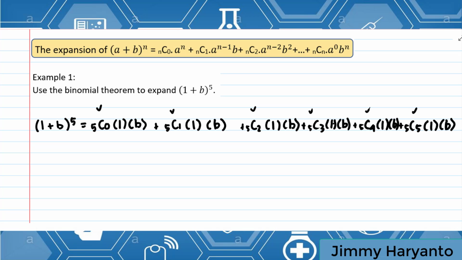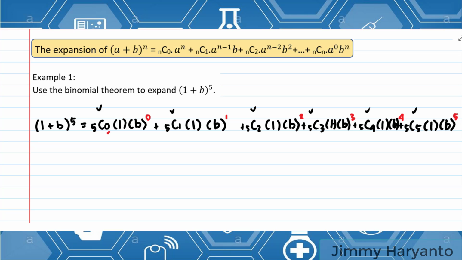Okay, next we have to write the powers. Take a look at 5C0. The power of b is 0, so here also must be 0. 0 and 0, then 1 and 1, 2 and 2, 3, 4, 5. As you can see, the powers of b are increasing.